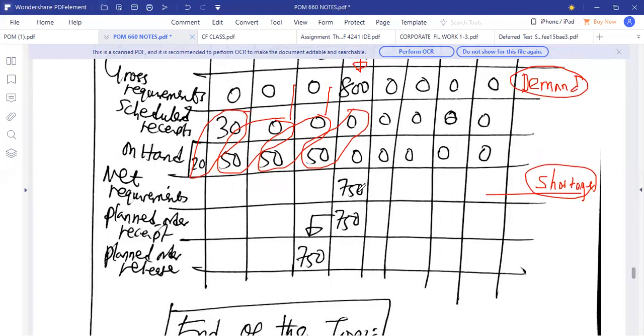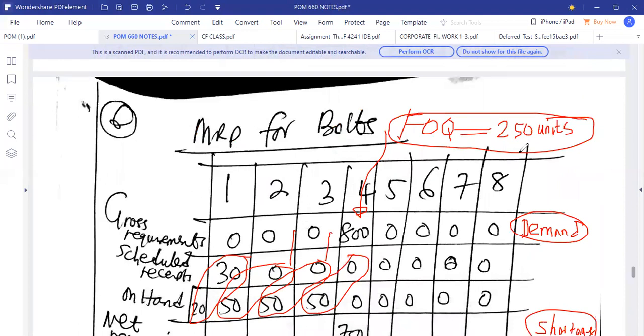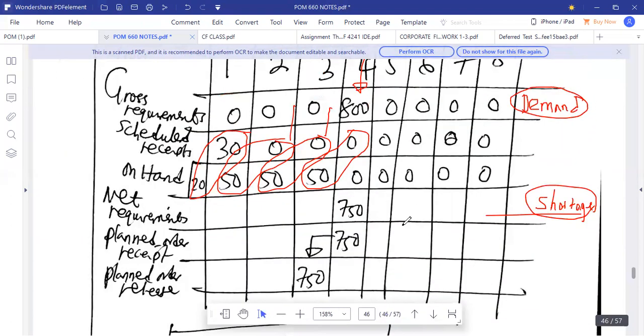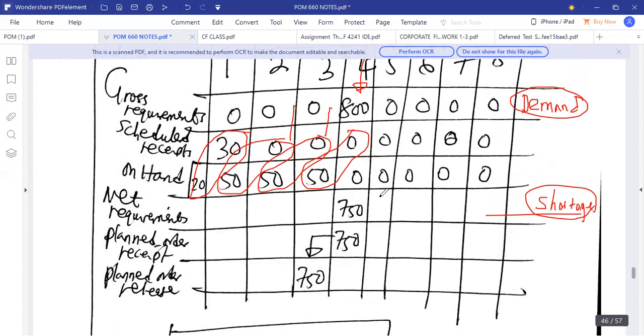Our net requirement was 750 units, so for our planned order receipt we order 3 batches. One batch is 250. Since we have a net requirement of 750, we can order 3 batches of 250, which is 750. And from here, after we have ordered this, you can sort out this one.